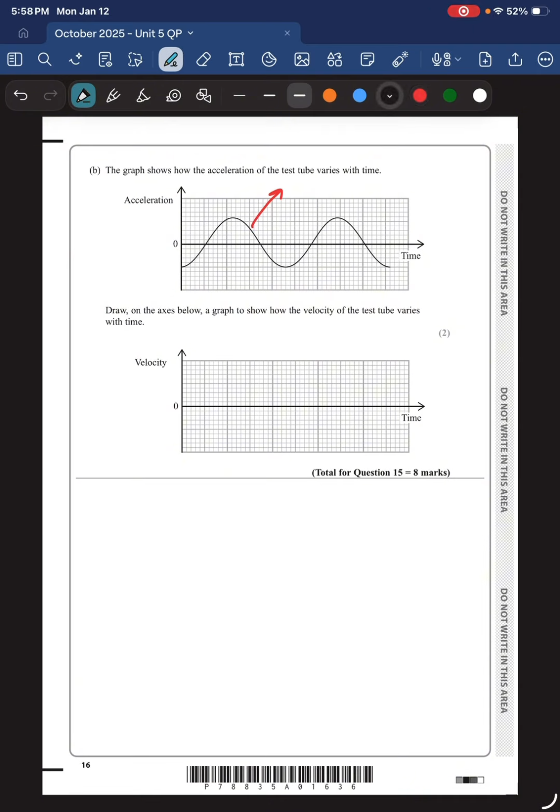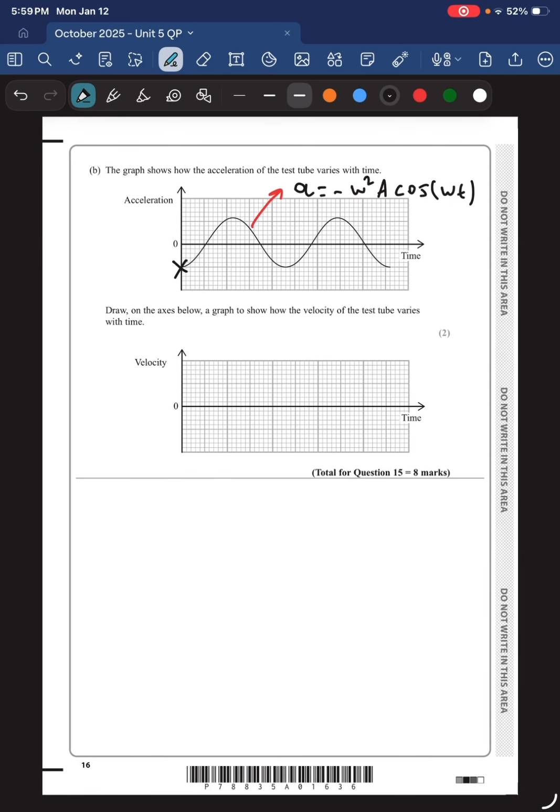So a is minus omega squared A cos omega t. How do I know that? Because at time 0, cos of 0 is 1. So we get the maximum negative value. Okay, so at time 0 we are there.